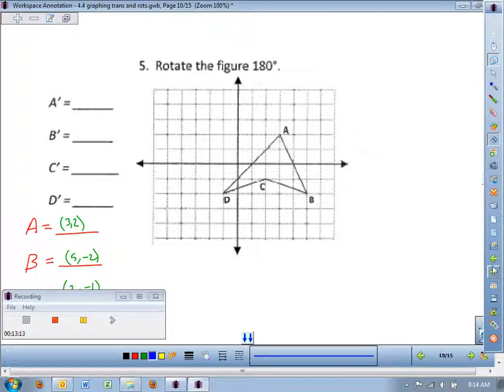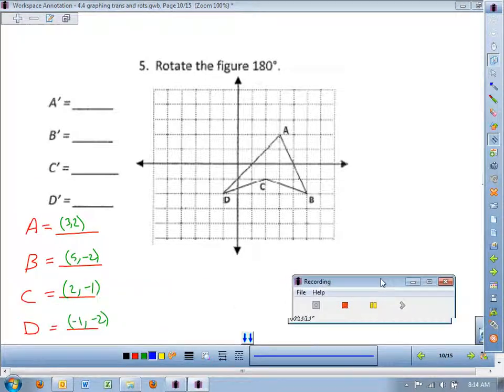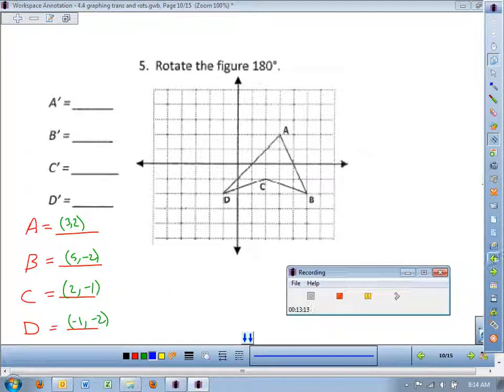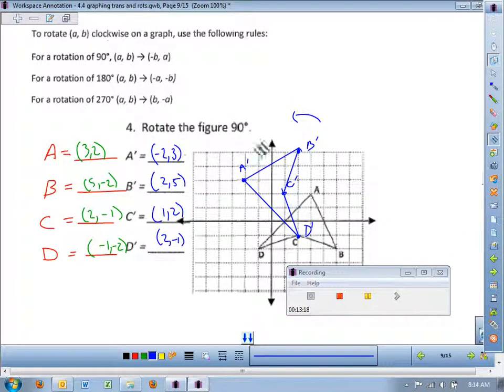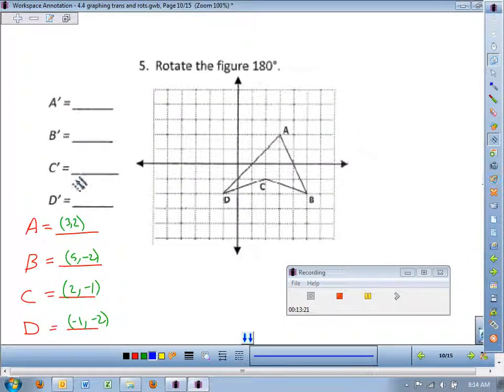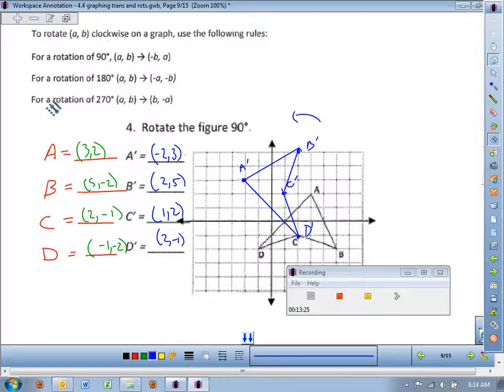Go again. You notice in this problem, this picture right here, I used the same graph again, right? The same graph from 4 to 5. So you already have the A, B, and C, D values written down. Oh, notice on your paper, I don't think that they had them. You should have put in those, right? Write them A equals, B equals, C equals, D equals. It makes life so much easier.